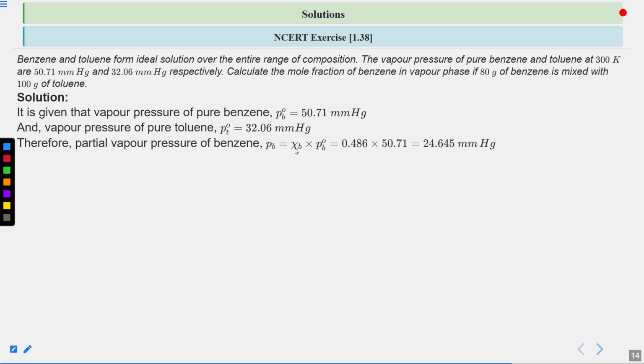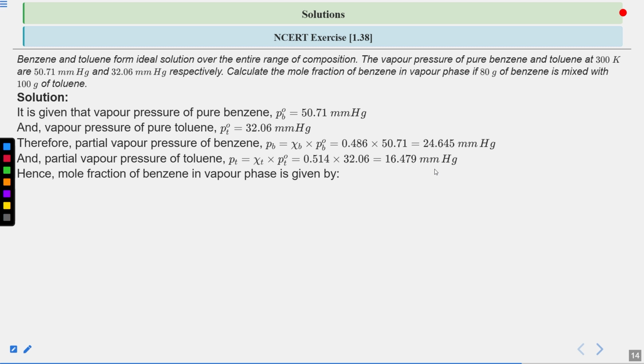What will be the partial pressure of benzene then? We know the formula from Raoult's law. It is chi b into P naught b. If you calculate this, you will get it as 24.645 mmHg. Similarly, for toluene, you will get the vapor pressure of toluene as 16.479 mmHg.